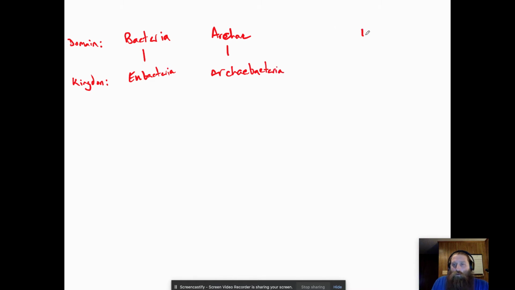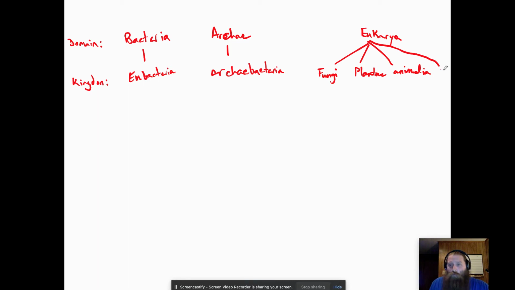Then under eukarya, we have fungi. It says the other 4 kingdoms, so we have fungi, plantae, animalia, and the other one, which is completely escaping my mind right now, but we'll see it in a minute. I can't remember it.